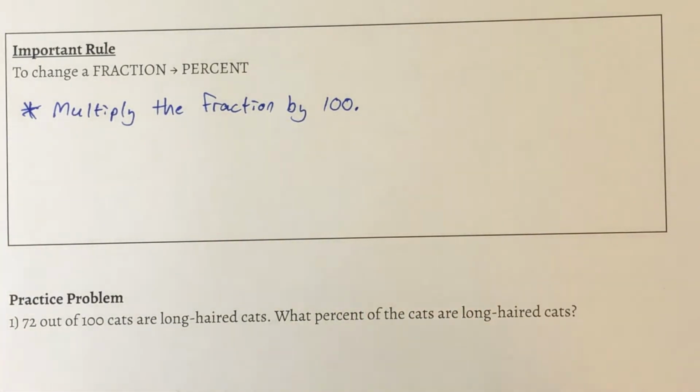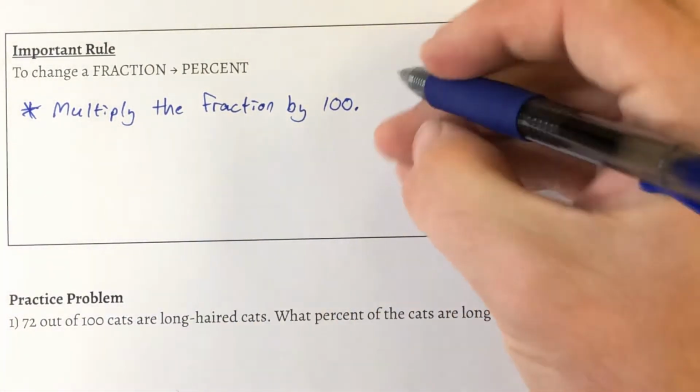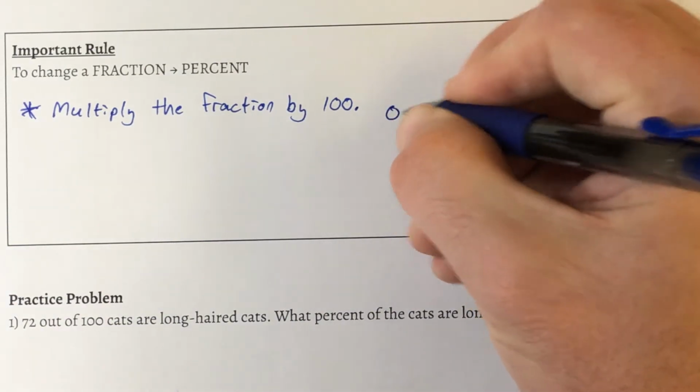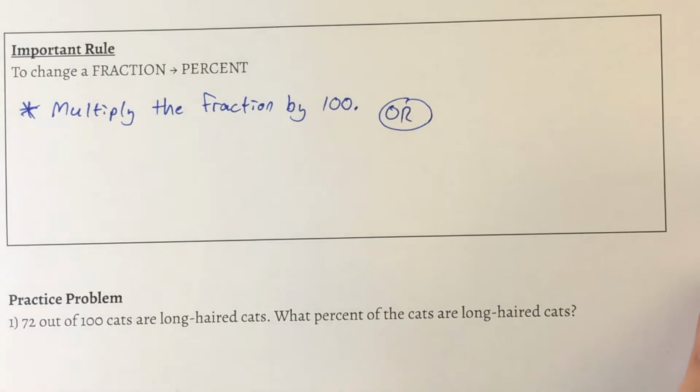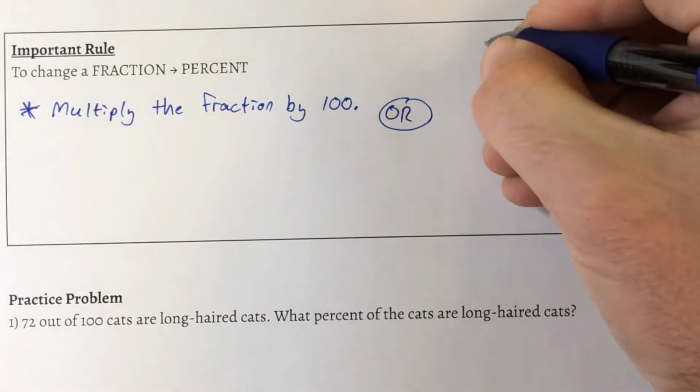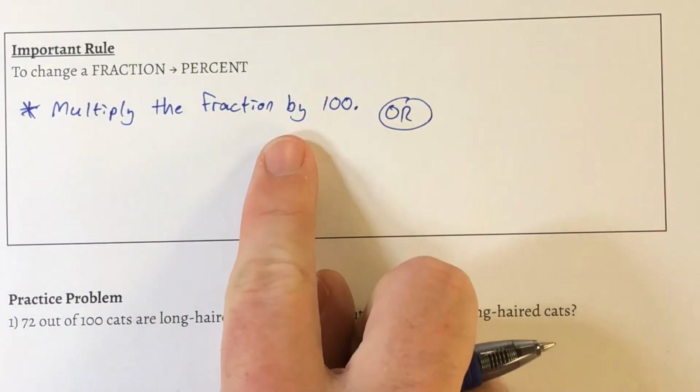Multiply your fraction by 100. Works every time. Now, are there other ways you could do this? Yes. Doesn't work as great, doesn't work on everything easily. So this will work easily every time.